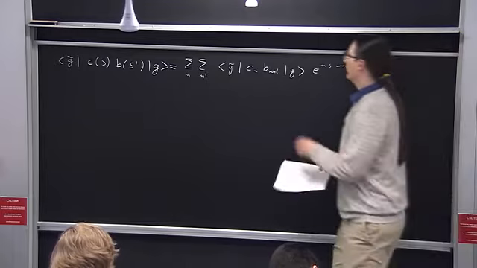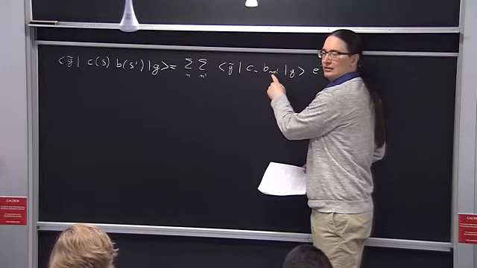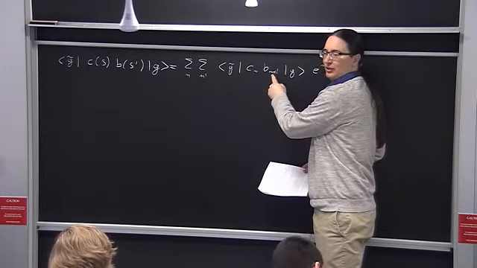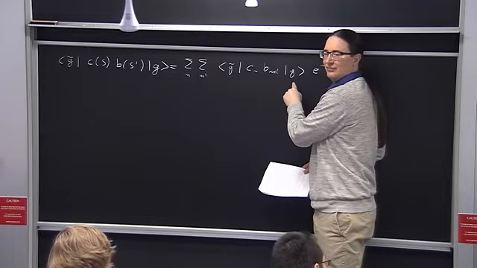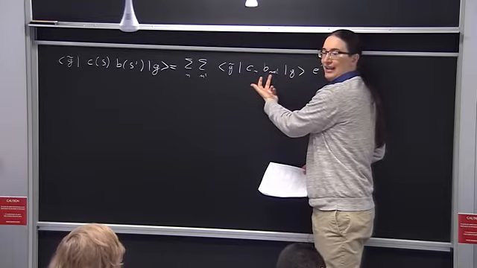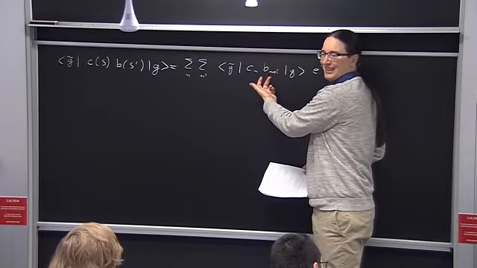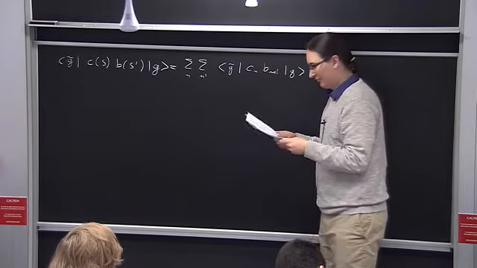So when n is positive or 0, this annihilates. When it's not, I anticommute, and I get a term that is not 0.